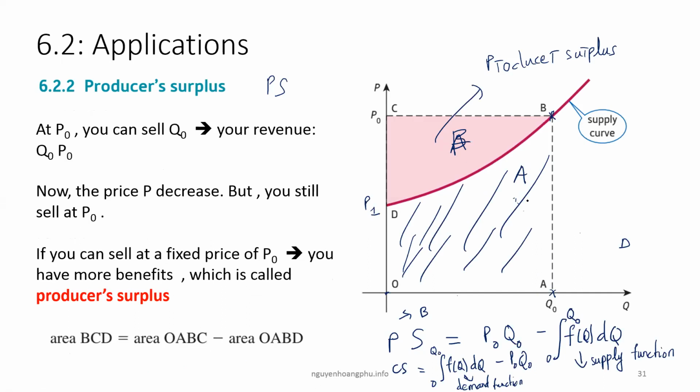Minus this part, minus the integration from 0 to Q0 of Q dQ here, equal to this. Okay.